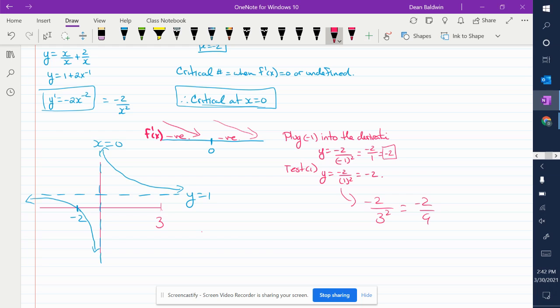That's all that matters. I don't care that it's -2 over 9. All I care about is the sign. Okay? No, because the derivative is negative. What does the derivative represent? The slope, right? The slope of that second part is still negative. If the derivative is negative, it means the graph is going down.